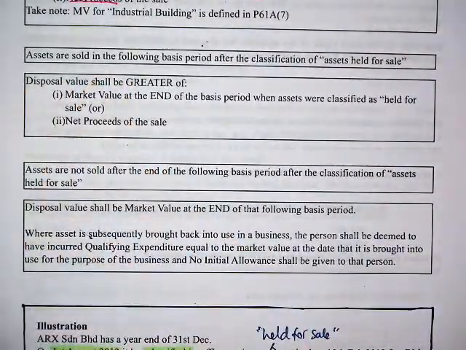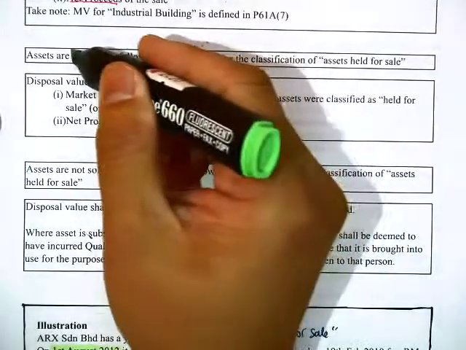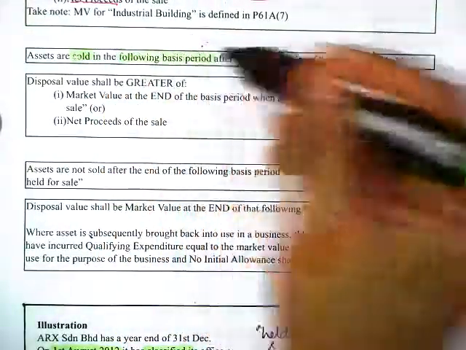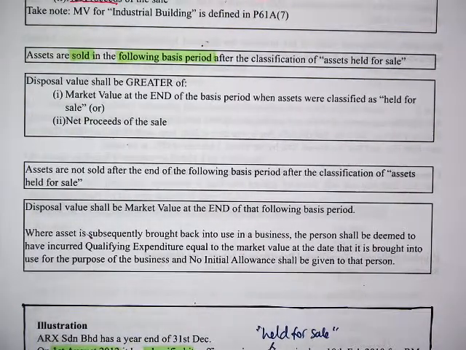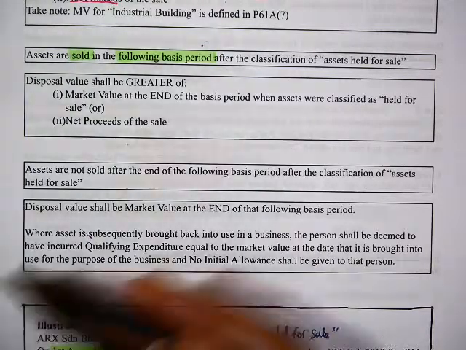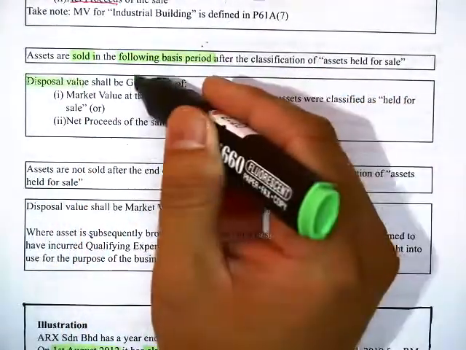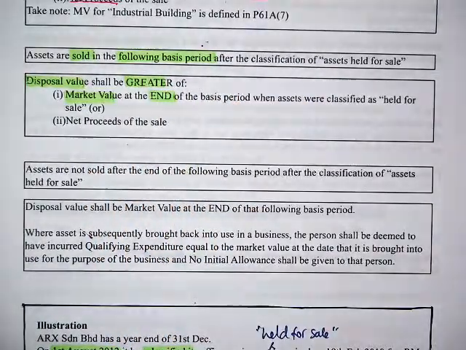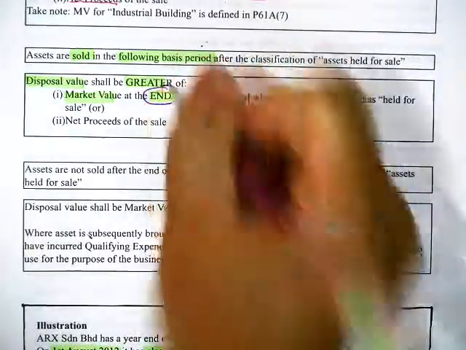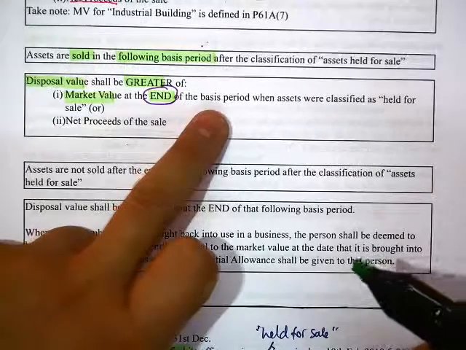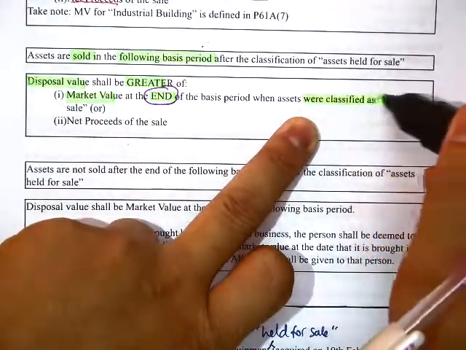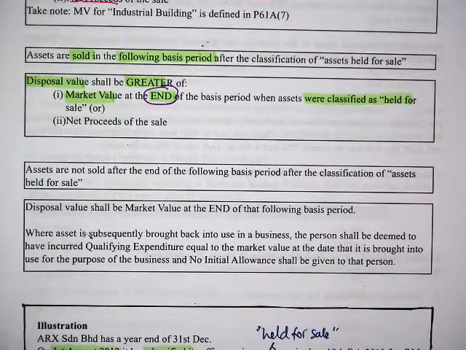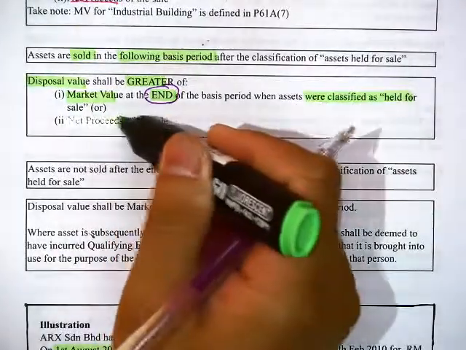Okay, now for cases that asset are sold in the following basis period after you classify. That means 12 you classify, 13 only you dispose, right? Okay, then the disposal value is taken as the greater of market value at the end of the basis period the asset was classified. So you must take the market value at the end of the year of the classification with the proceed.